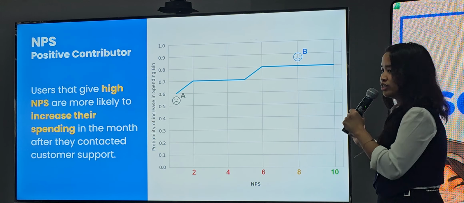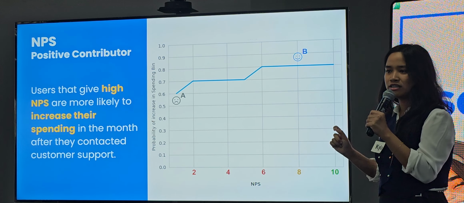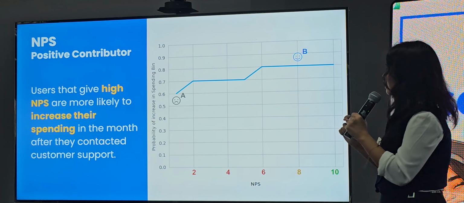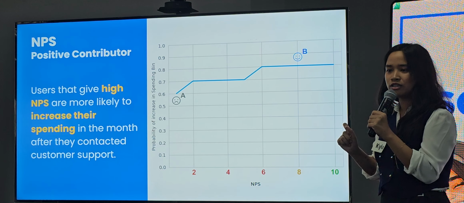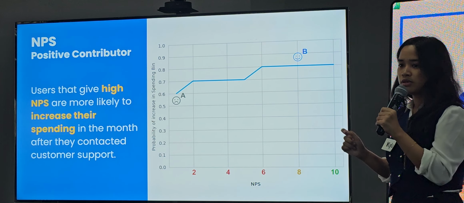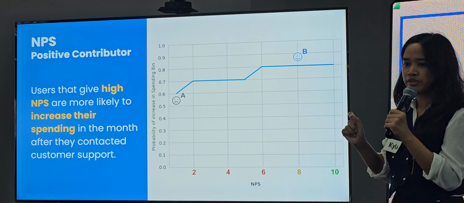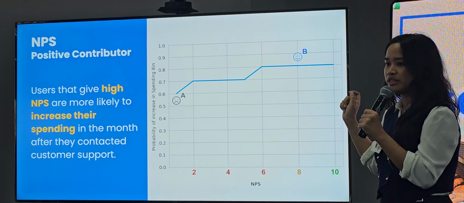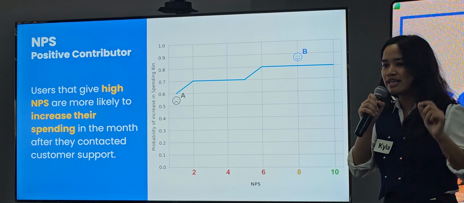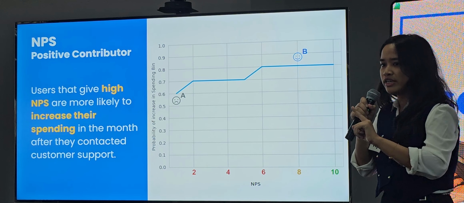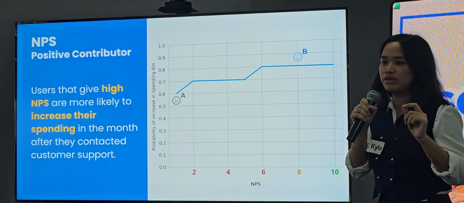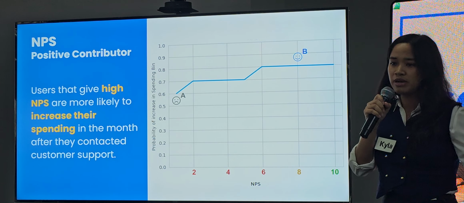Let's go for user A. User A has an NPS of 1. You can see here that user A is 60% likely to increase their spending in the month after they answer the NPS survey. In comparison, we have user B. Let's say user B has the exact same user profile as user A, but the only difference is that they answered 6 when asked, how likely are you to recommend the brand?